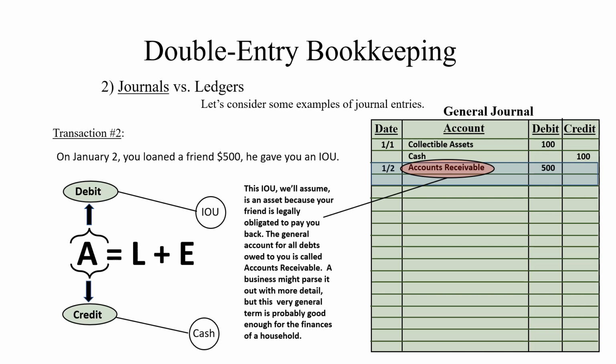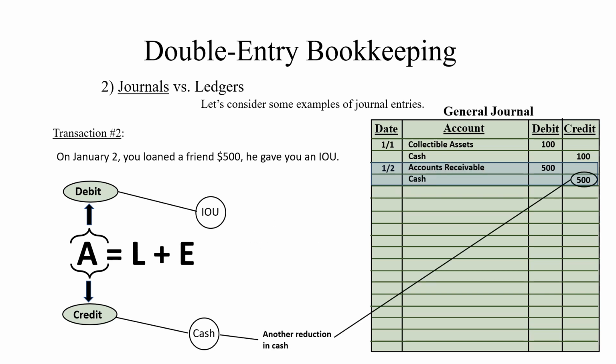This IOU, we'll assume, is indeed an asset because your friend is legally obligated to pay you back. The general account name for all debts owed to you is accounts receivable. Now, a business might parse it out with a little more detail, but this very general term is probably good enough for the finances of a household.